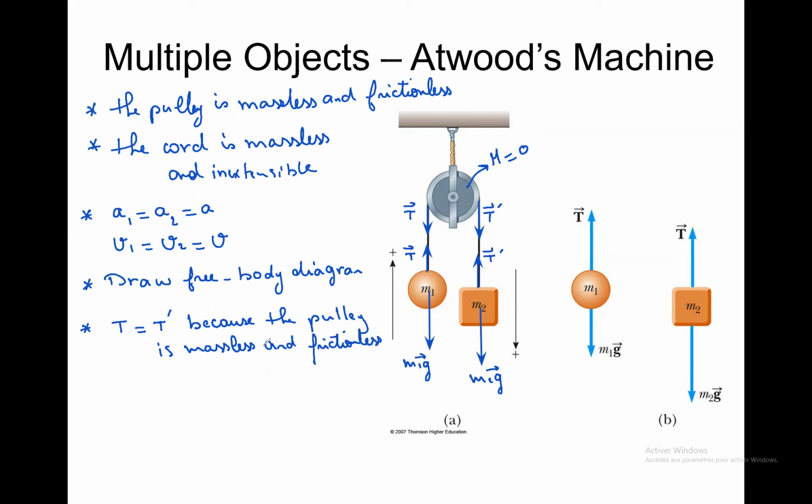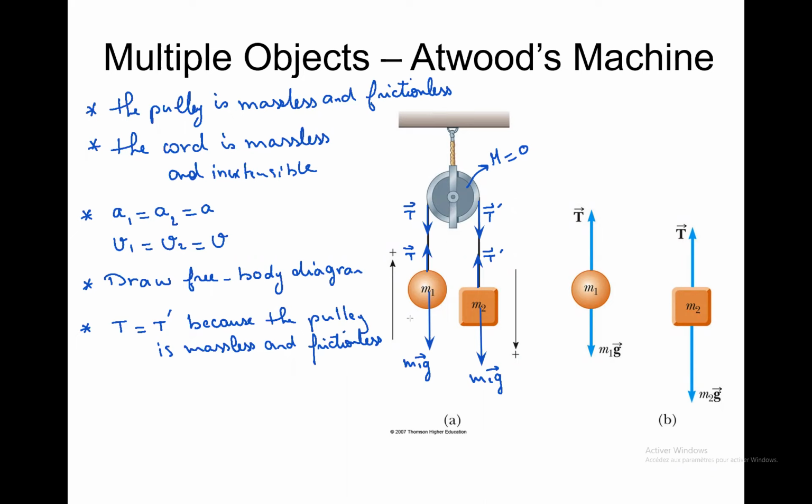If the pulley has a mass or a friction, in this case, we cannot say T equal T prime. It's a very important condition. Later, when we talk about the rotational motion, we give a mass to the pulley. So in this case, we cannot say T equal T prime. You will get two values of T. So here T equal T prime.